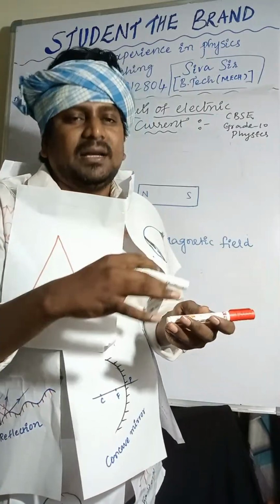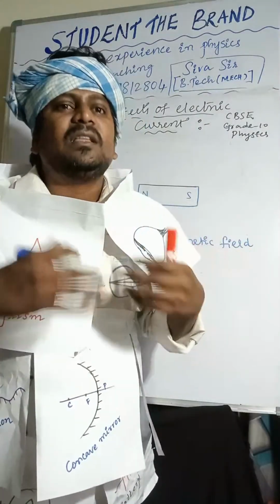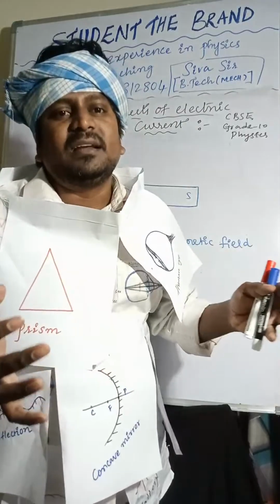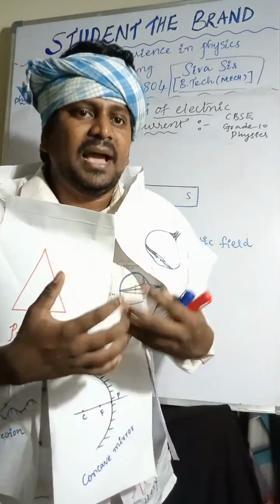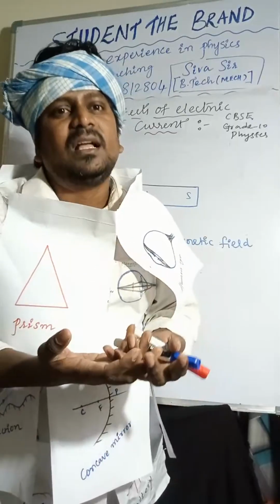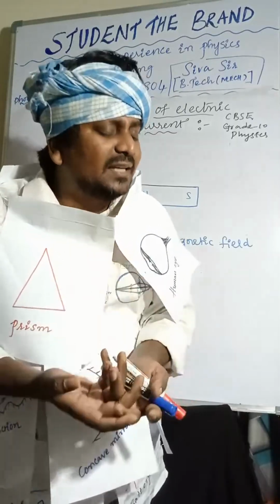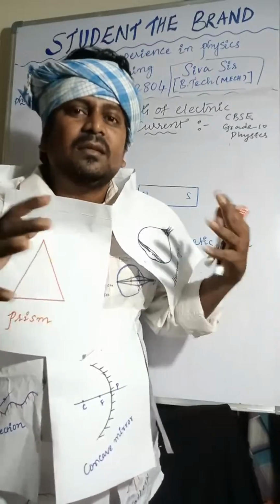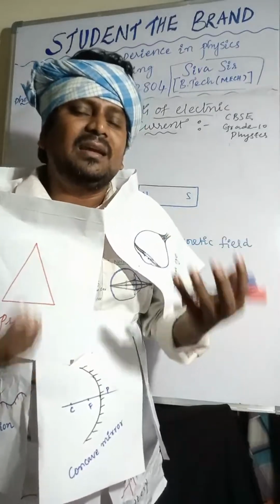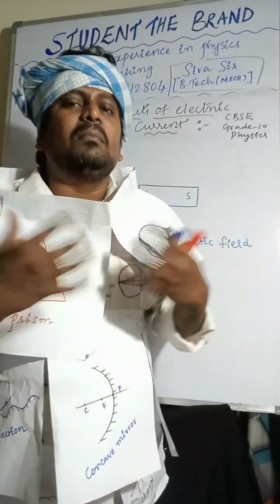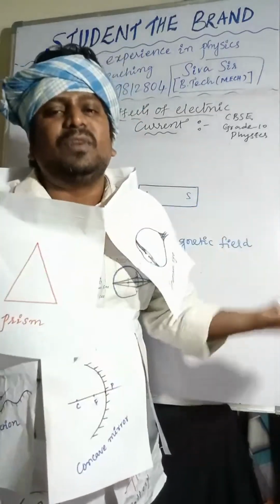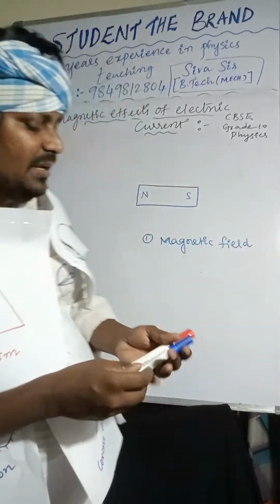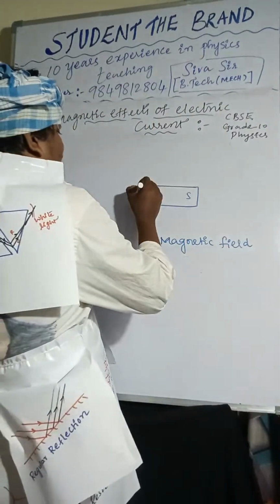The region around the magnet in which the magnetic force exerts, or acts, is called the magnetic field. The magnetic field will be in the form of field lines. So I am taking here: the magnetic field starts from north.